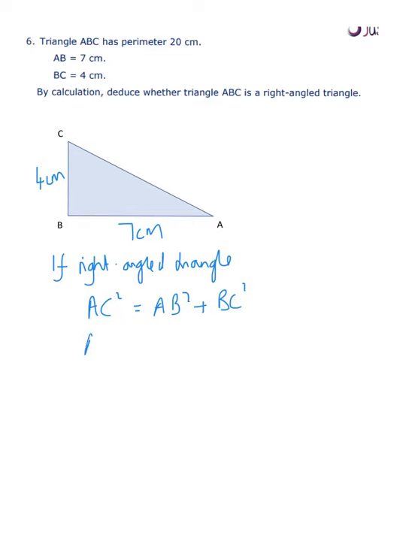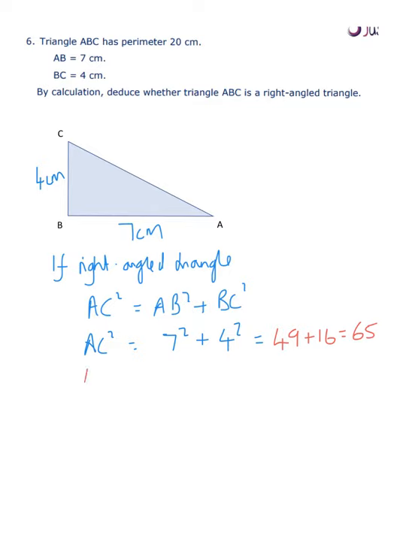So AC squared would give us 7 squared plus 4 squared, which is 49 plus 16, which is 65.